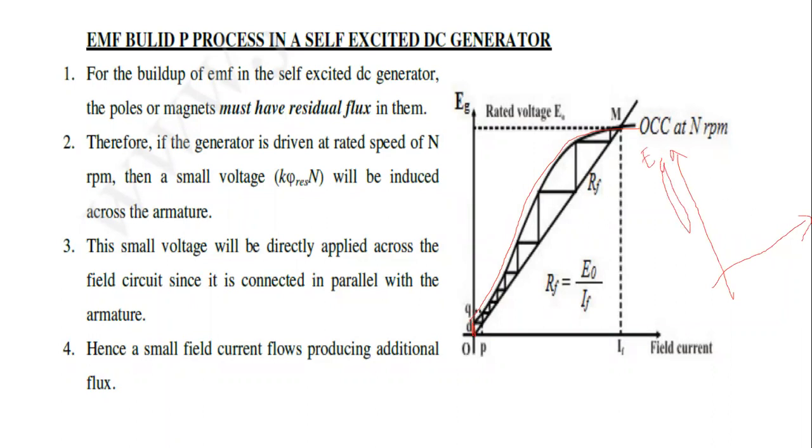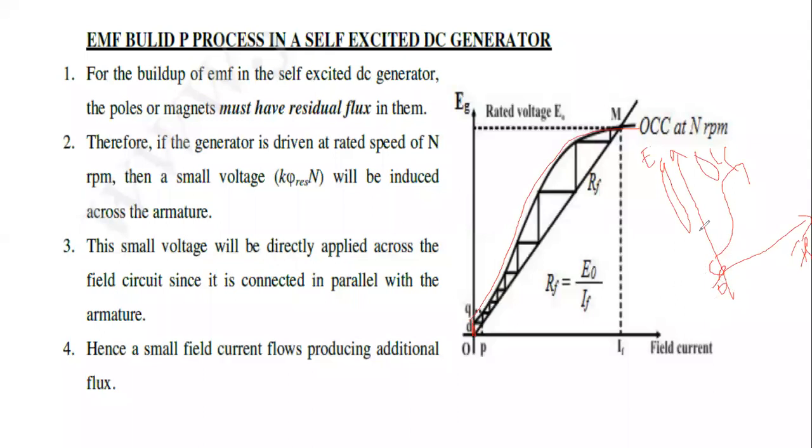This is the EG generated EMF, this is the IF, the field current, and this is the OCC characteristics. This is the zero point. The OCC characteristics start above zero at some voltage, and this voltage is called the residual voltage or EMF buildup.